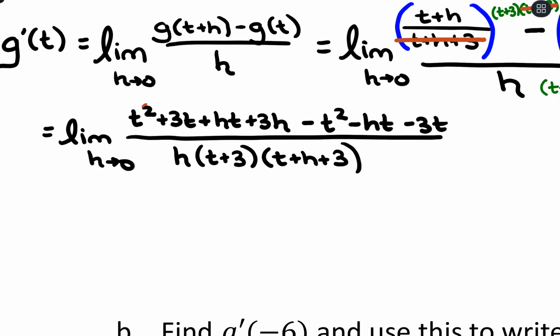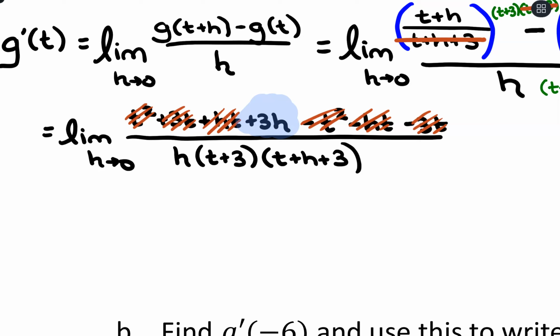So t squared minus t squared, that'll turn into a 0. 3t minus 3t, that'll turn into a 0. ht minus ht, that'll turn into a 0. So all I have left over is this plus 3h.